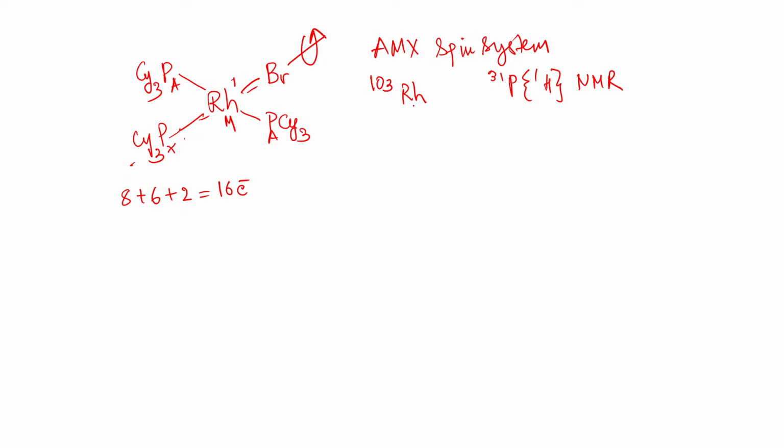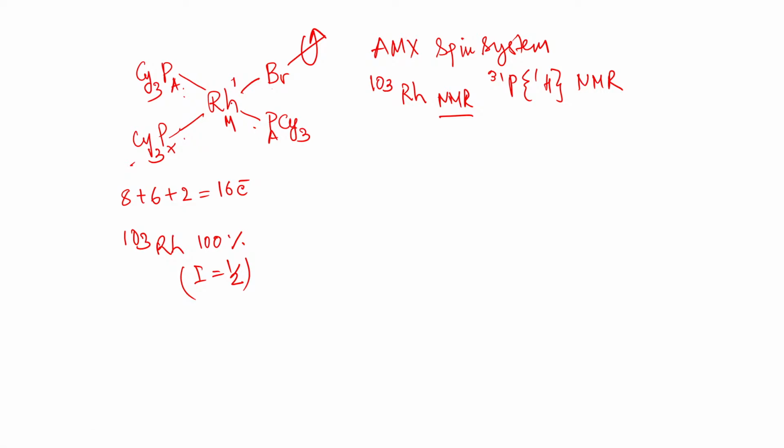So if you consider 103 rhodium NMR, rhodium 103 is 100% abundant, and I equals half. Now this rhodium will be coupled with these two, A, in a different way compared to the one trans to bromine. First, trans coupling will always be more.